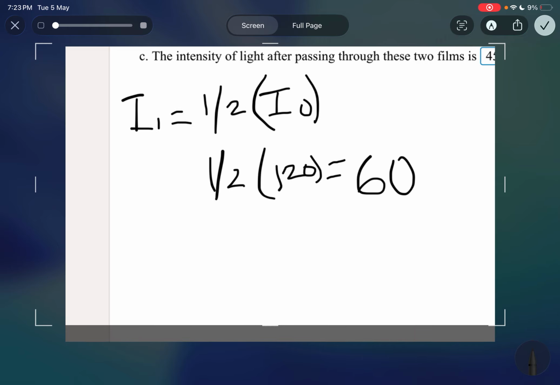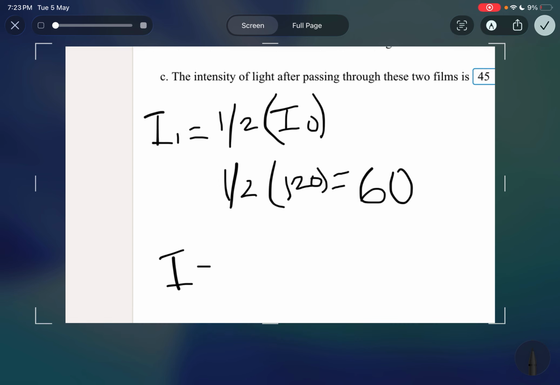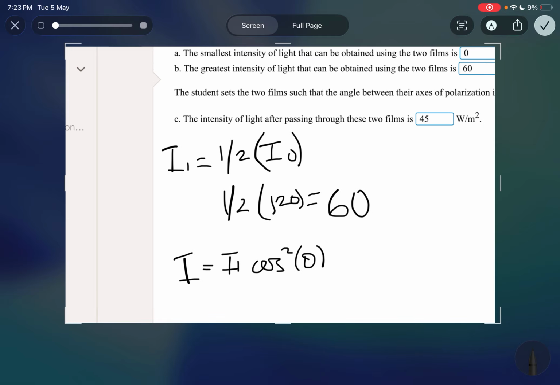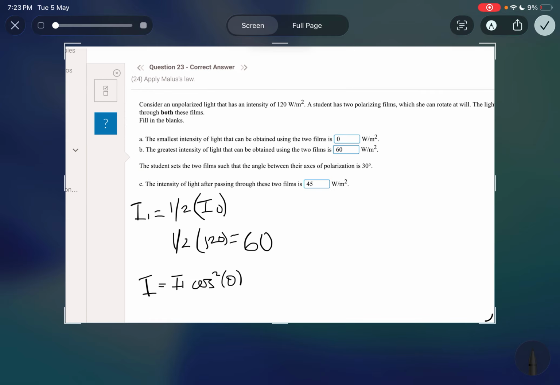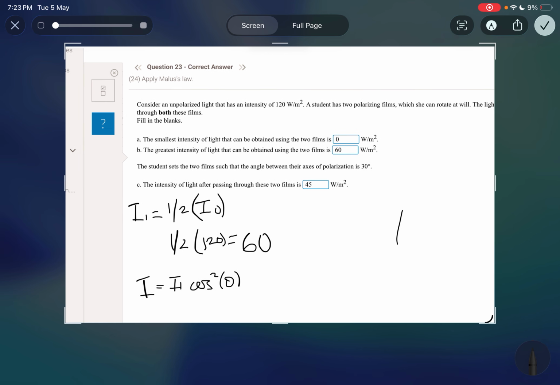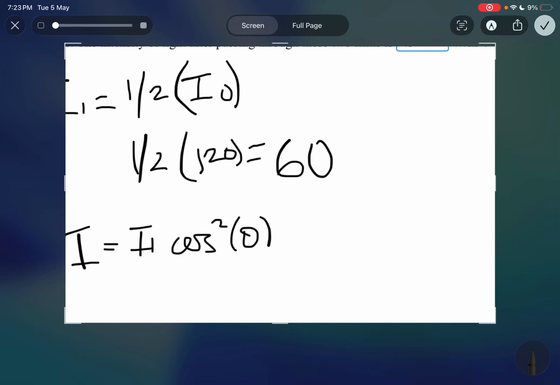And then I will be equal to I1 times cosine squared of the angle, which is the 90, they said. It's 90. So it will be I1, which is 60 that you found, times cosine squared of 90.